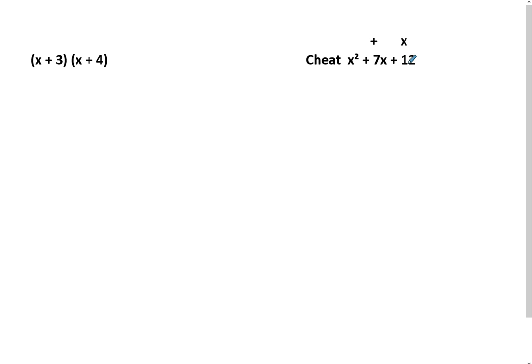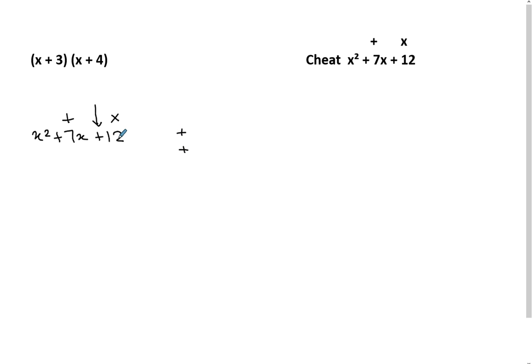So if you want to factorize x squared plus 7x plus 12, we think of two numbers that add to give 7 and multiply to give 12. Always look at that sign first. So if two numbers multiply to give a positive and add to give a positive, then you know both numbers will be positive.